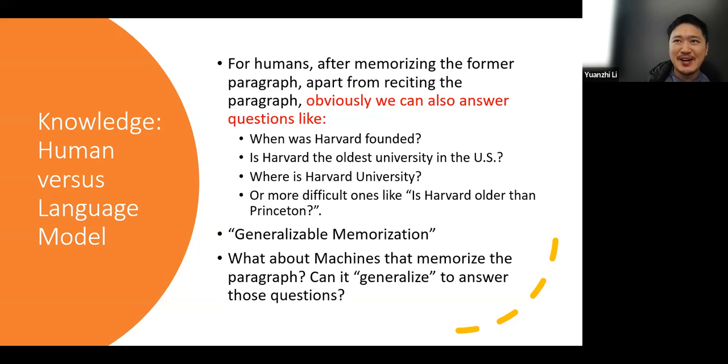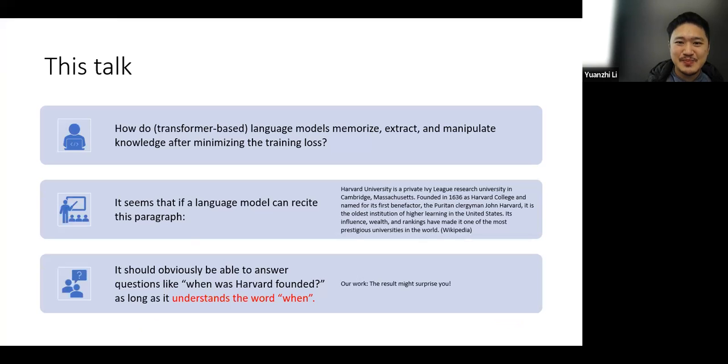So the main question we want to understand is, if the machine is trained to memorize the entire paragraph, which means it has 100% accuracy on completing the next tokens, does it automatically imply that the machine can generalize to answer those questions or to manipulate the knowledge that it memorized?